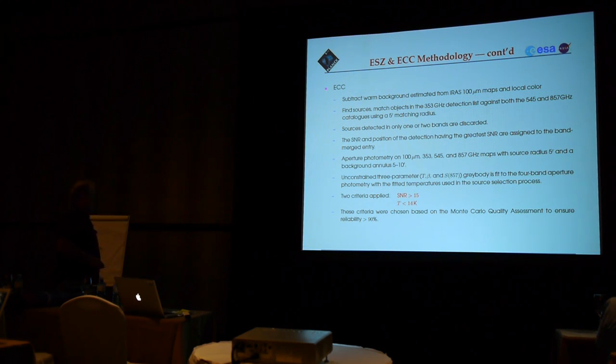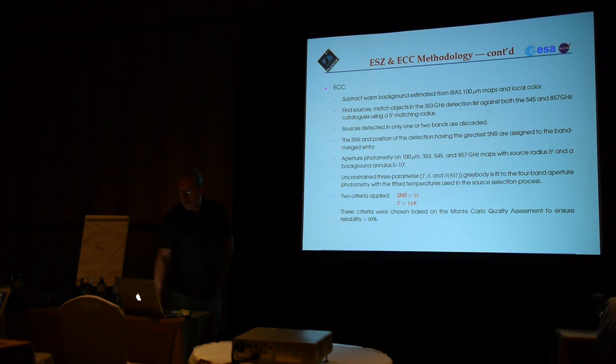Then you reject the ones which are less than 15 in signal to noise ratio, and you choose the cold ones. As you will see, these are cold objects in a moment. The whole procedure reduces the number of objects found through these 2 steps to only about 900. That still increases the number of known cold cores by at least a factor of 2. The total number that the group working on that detected was almost 11,000.